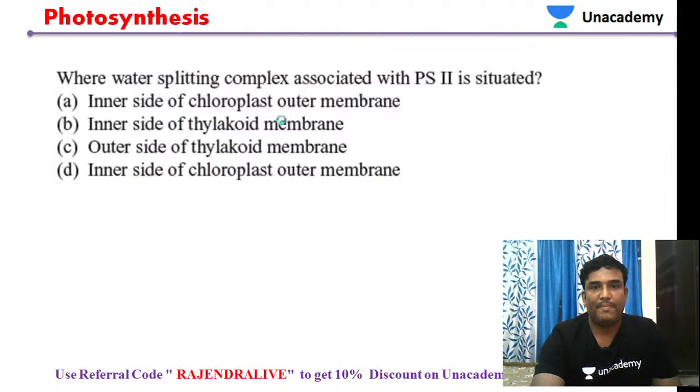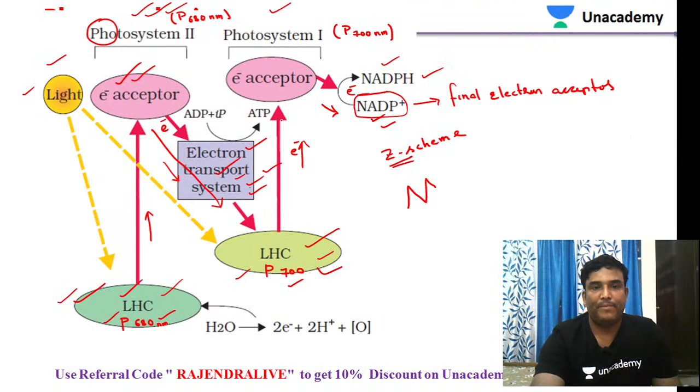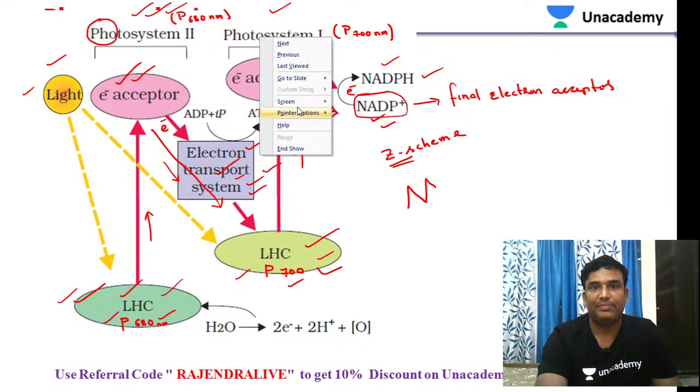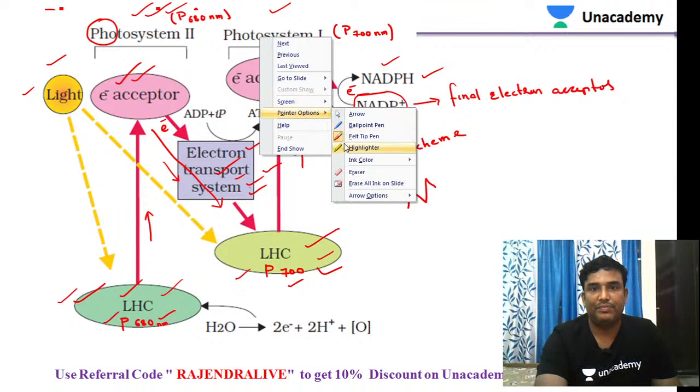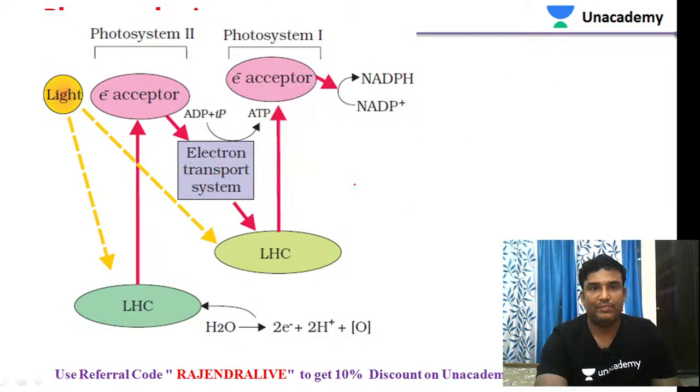Here, if you see this diagram, this is the diagram which we are discussing. This is the actual diagram showing the non-cyclic photophosphorylation. You can see this light harvesting complex.